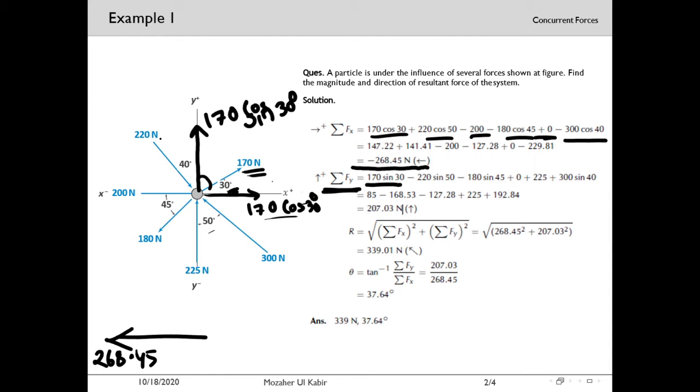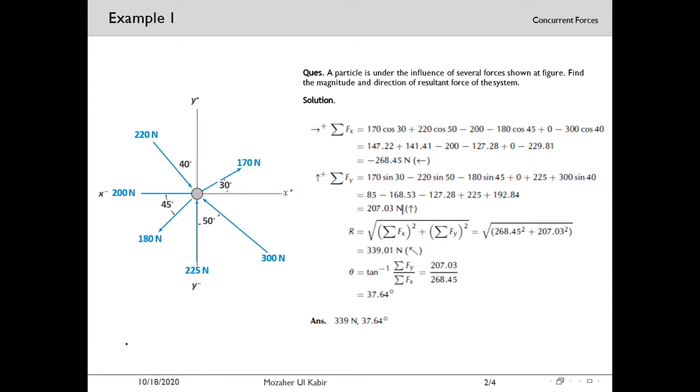Similarly for 220 Newton, it will be having two components as well. We have already calculated the x component, so now the y component will be in this direction.